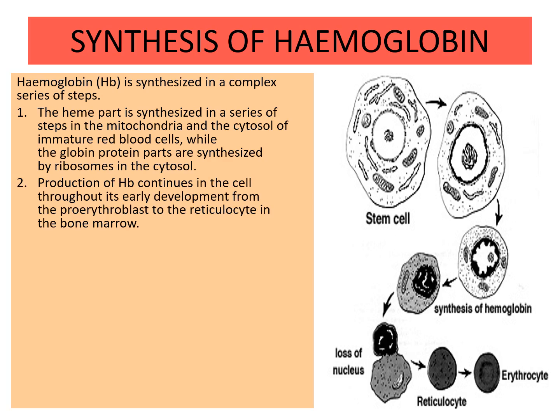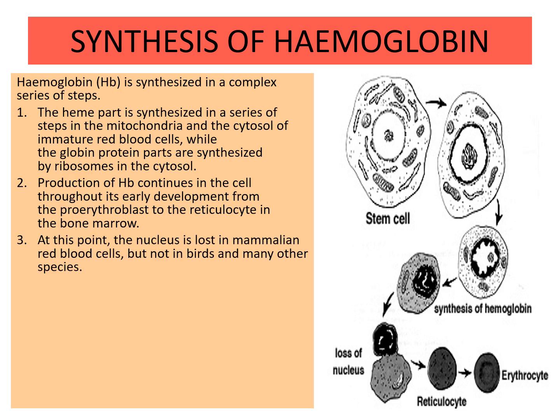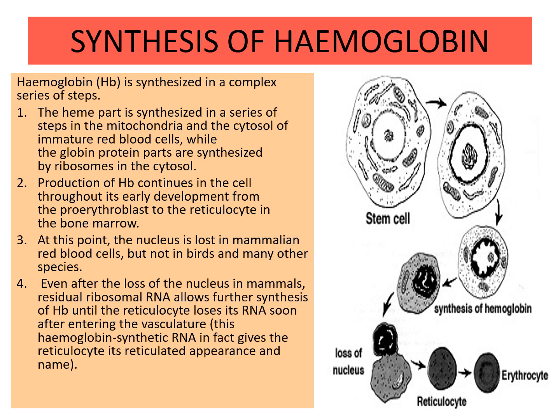So production of hemoglobin continues in the cell throughout the early development from the proerythroblast to the reticulocyte in the bone marrow. At this point, the nucleus is lost in the mammalian RBC but not in birds and other species.